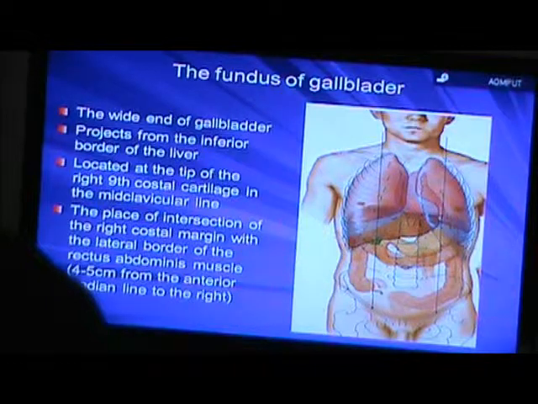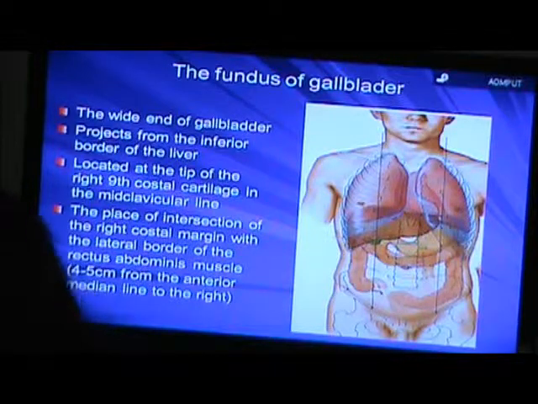The fundus of the gallbladder is the wide end. It projects from the inferior border of the liver and is located at the tip of the right 9th costal cartilage in the mid-clavicular line. Here is the mid-clavicular line, and this is the 9th costal cartilage, and here is the fundus of the gallbladder.